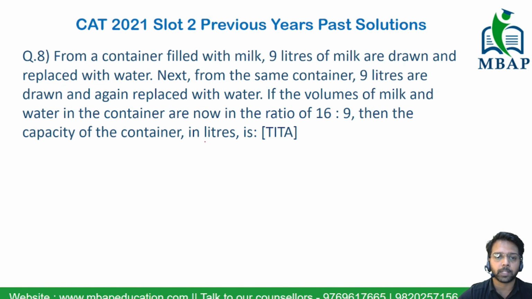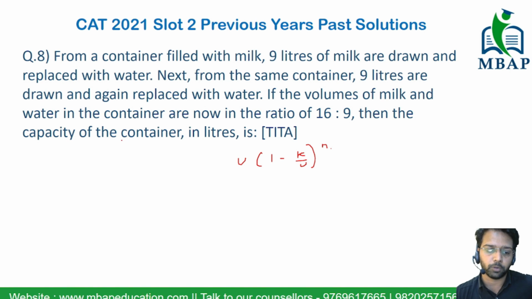Now all of you know the replacement formula. The final concentration of milk left at the end of the replacement will be given by V times (1 minus K by V) raised to N. What is K? K is the amount in liters which is replaced each time with water, right? V is the original volume of the composition for which we have to find the answer, right?